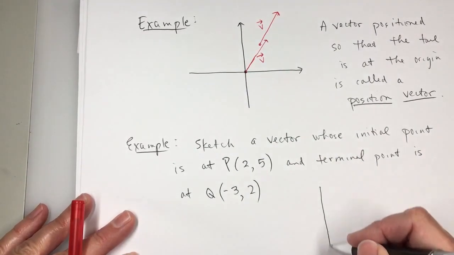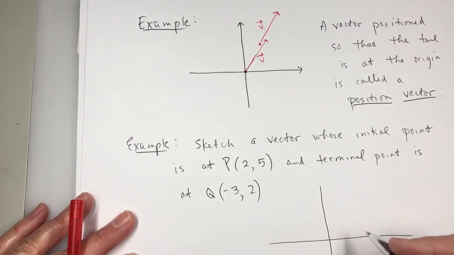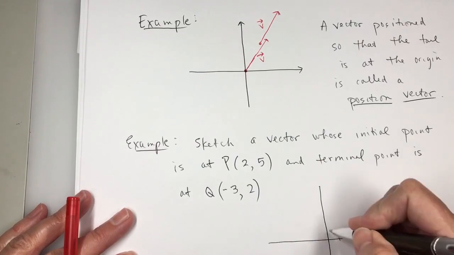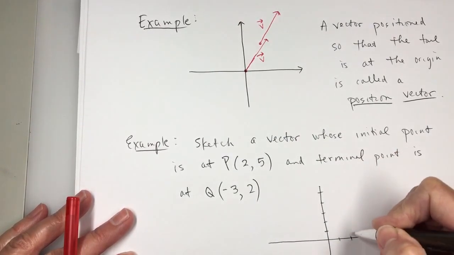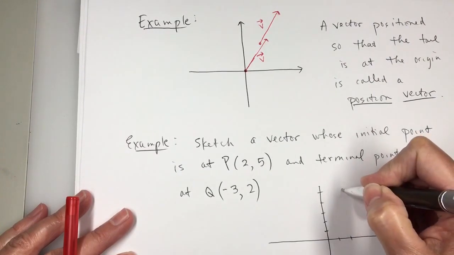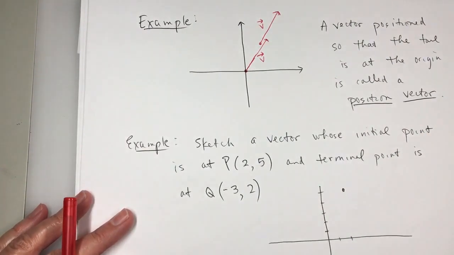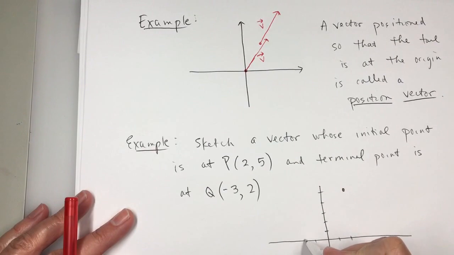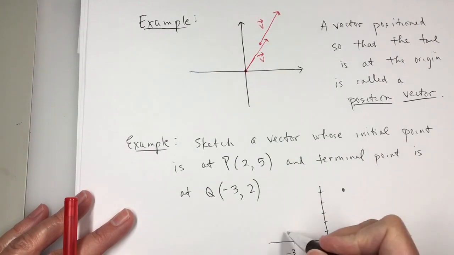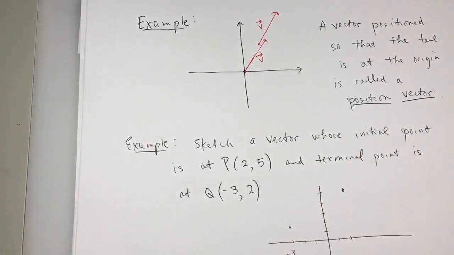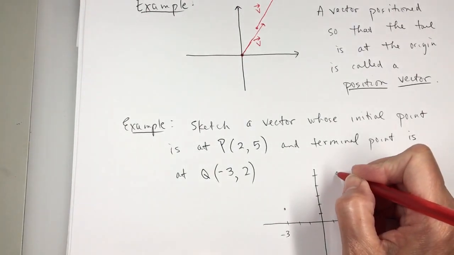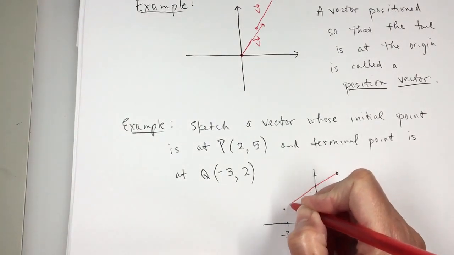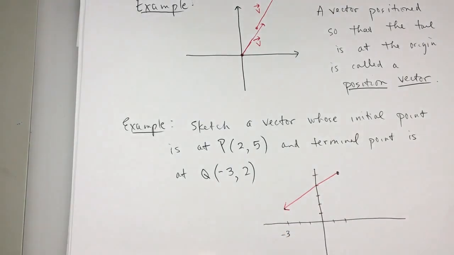So let's see, I'm going to end up with this. P is 2, 5. So I'll just plot that point. Q is -3, 2. And so the vector would be here.